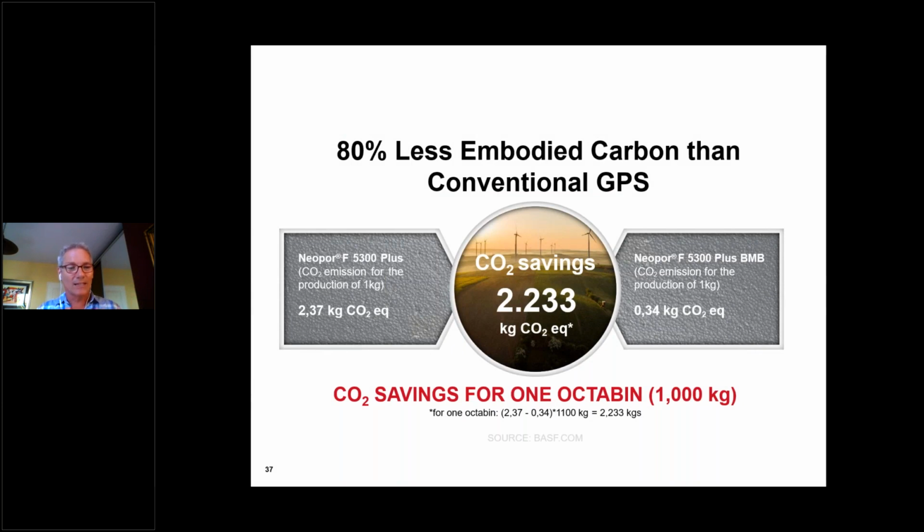In this particular case, on the left-hand side, the regular version of GPS, graphite enhanced polystyrene, in this case called NEO4, used to have 2.37 kilograms of carbon, that's embodied energy. Or if you use the bio products and the waste products to go into the cracker when you're cooking it and making the polymer, you fall all the way down to 0.34.